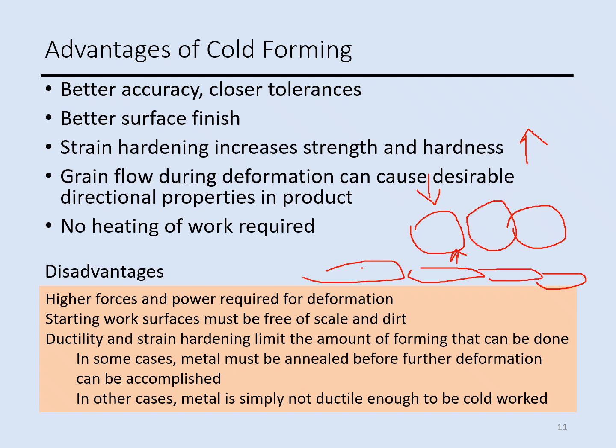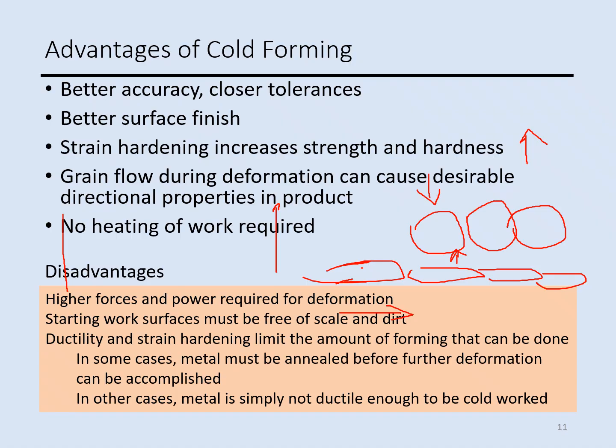What happens is the grains become smaller in one direction, so you have some anisotropic property. That's why it's called directional property. If you want to have higher strength in this direction, because these grain boundaries are closer to each other, the strength in that direction is going to be higher compared to this direction.